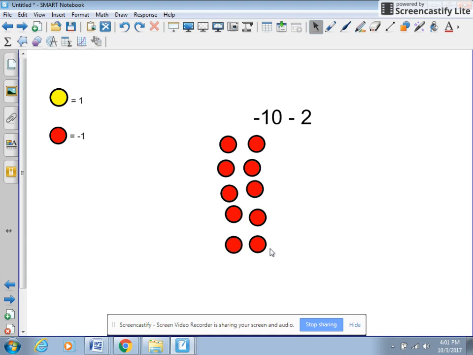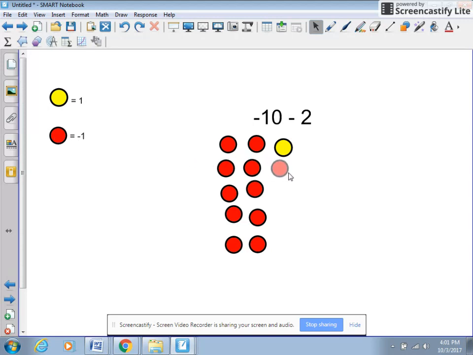And I want to be able to remove +2 counters. Well, there's no yellow counters there to remove at all. So that means I need to get 2 yellow counters on there by adding in 2 0 pairs.